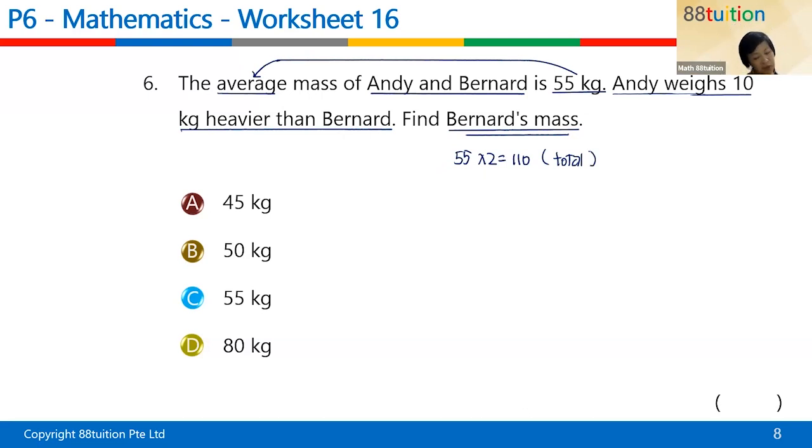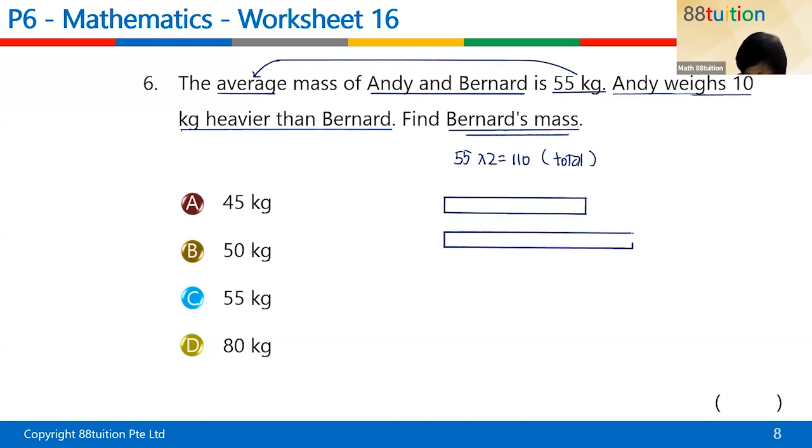Okay. So since you have the total times 2 already, one is heavier than the other. So you see, I'm going to do a model drawing. One with a short bar. The other one is the long bar. And this is 10. Then the total is 110.